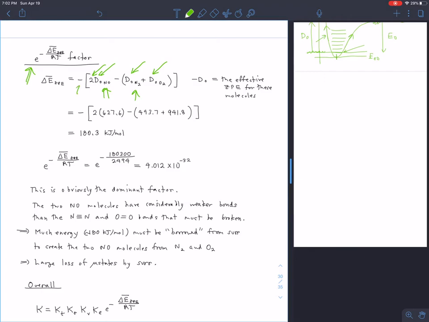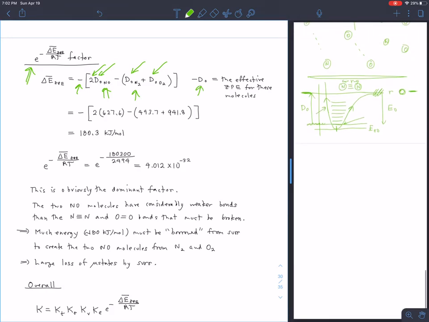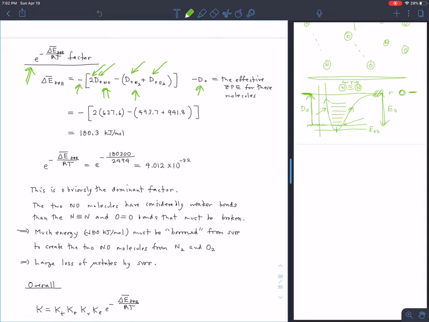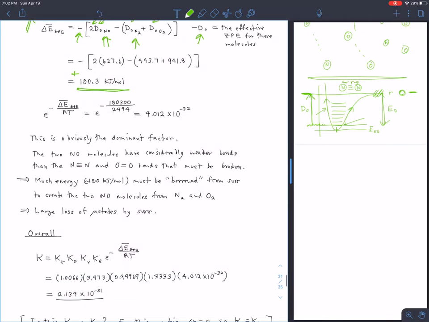And noticing the minus sign here, because the D0s are for going up from the bottom up to the 0, and we want the value from going down from the 0 to the actual energy. That gives you a value of delta E ZPE of plus, notice, 180.3 kilojoules per mole, which is pretty modest for a chemical reaction, but is the biggest by far factor that we have encountered so far.